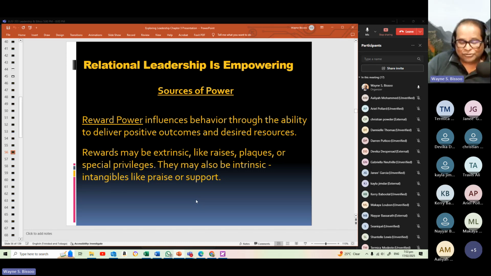Interestingly enough, intrinsic rewards are probably more beneficial than extrinsic ones. People might think getting a bonus and special privileges is what they would like, but interestingly enough, the intangibles are the ones that mean the most to individuals as reward power. So this is how people get power and they can use that.